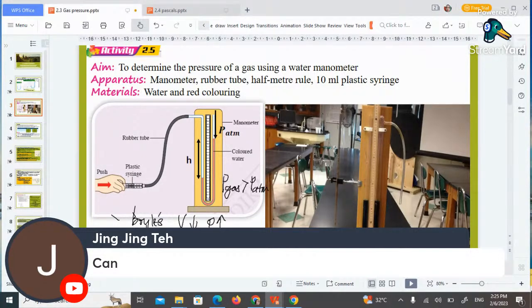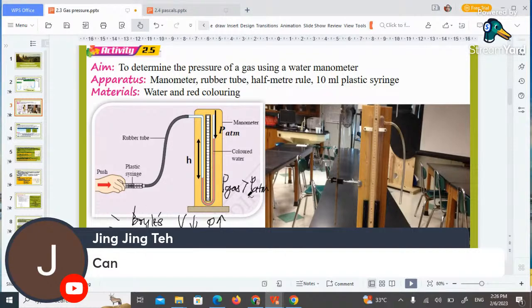If it is the opposite, like this, if the manometer shows, let's say gas in here, and suddenly the level on this side is higher than this side, it means atmospheric pressure is higher than gas pressure. Or we can say P gas is lower than atmospheric pressure.